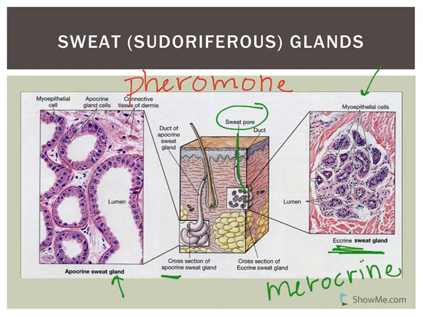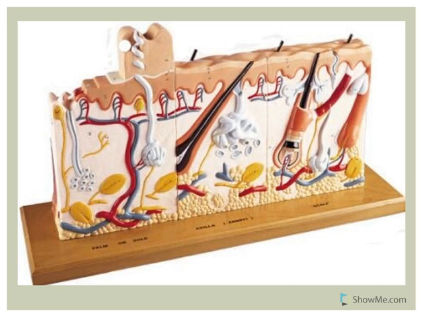Now, I want to show you these two lab models. Here's one of them, and if you look real carefully, it says axilla on there. This right here is an apocrine sweat gland. Apocrine sweat glands are usually associated with hair follicles, so you'll notice the duct leads into where the hair follicle is.